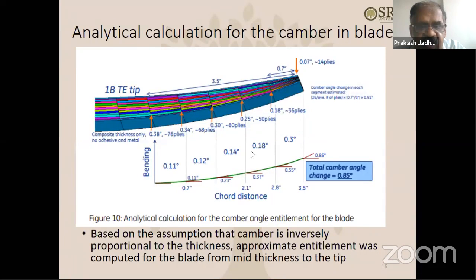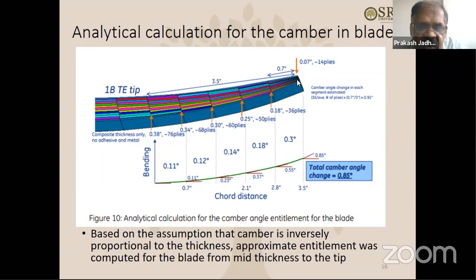Then based on the thickness variation, we approximately tried to calculate this. This is the section of the blade actually. If you look at the section of the blade, as you can see, this is the tip of the blade at, let's say, the trailing edge. And as you go away from the trailing edge, as you can see, the thickness is increasing. At the tip also, the thickness is not zero.